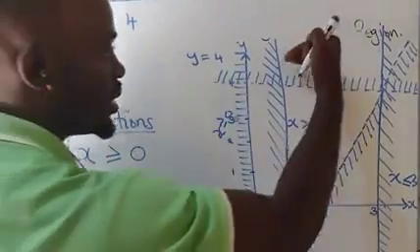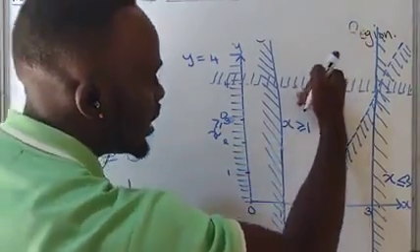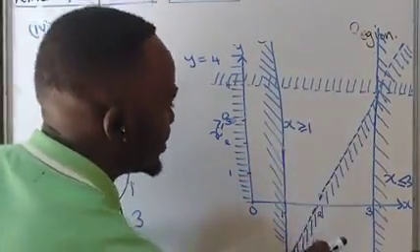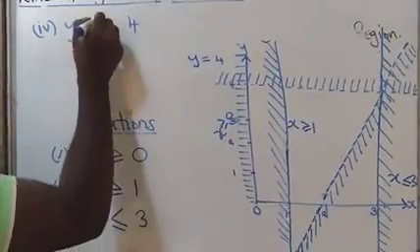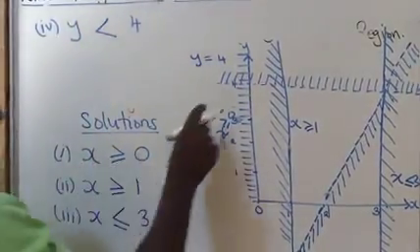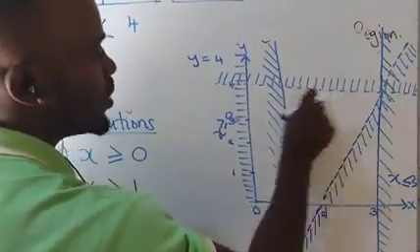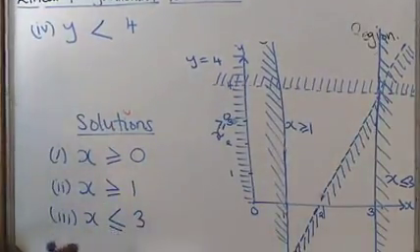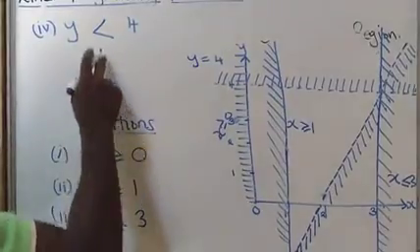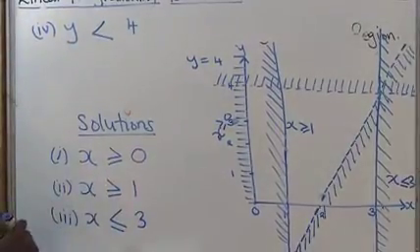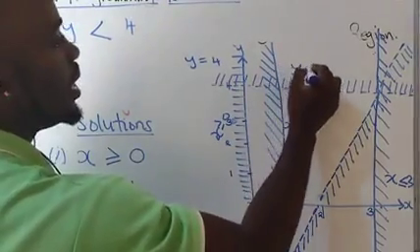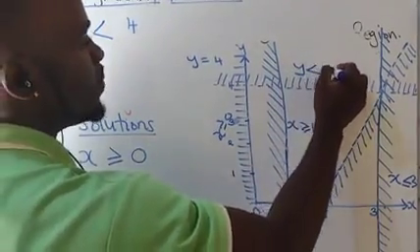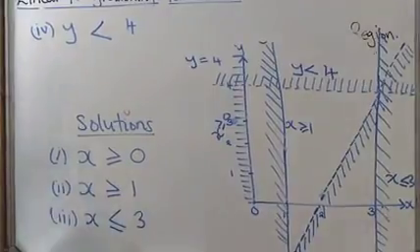The opposite, upper is greater, here lower, which is less. So I say less. Looking at the line, it's a broken line, so we're not going to say equal to, we just say less. This is our answer. So this is the line y less than 4. So I've come up with 4 inequalities.